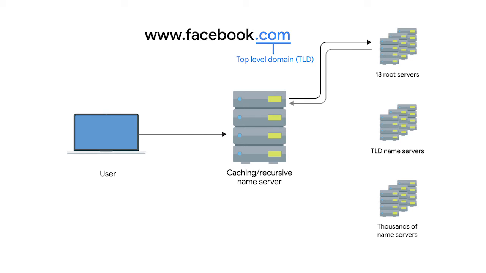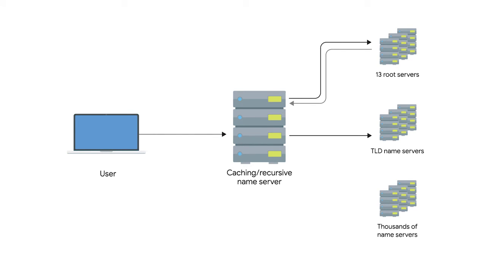We'll go into more details about the different components of a domain name in an upcoming lesson. For each TLD in existence, there's a TLD name server. But just like with root servers, this doesn't mean there's only physically one server in question. It's most likely a global distribution of Anycast accessible servers responsible for each TLD.